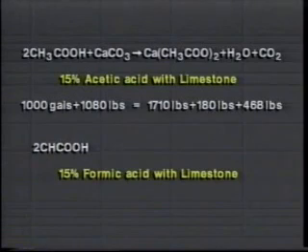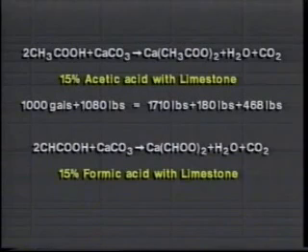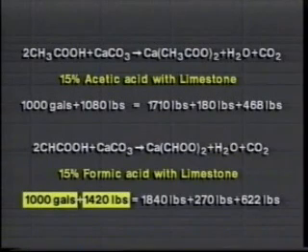The reaction of formic acid with limestone yields calcium formate, also a calcium salt and thus soluble in the spent acid, water, and carbon dioxide. From this, we can calculate that 1,000 gallons of 15% formic acid will dissolve 1,420 pounds of limestone.